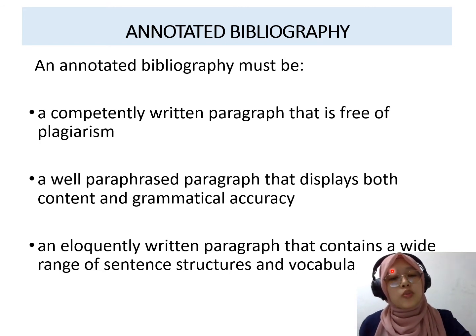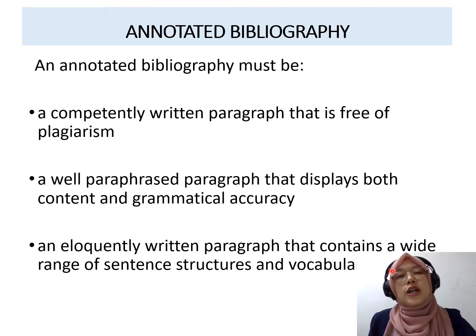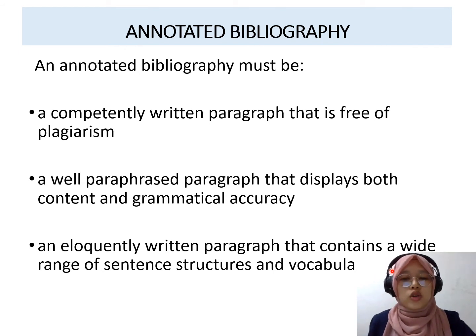When you paraphrase, you are probably going to change some of the words, try to find synonyms, try to rearrange it, and not just copy and paste everything from the articles that you have read. That's why you need to understand it. In that way, only then can you comment critically on what you have read.